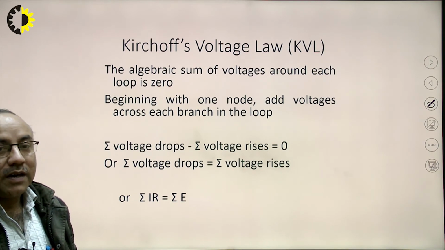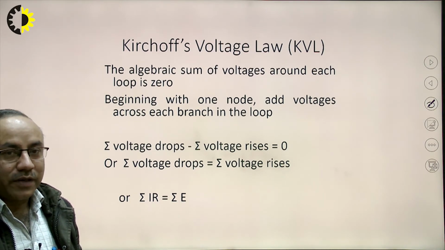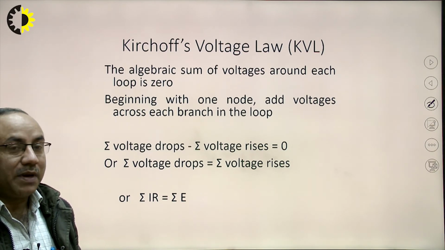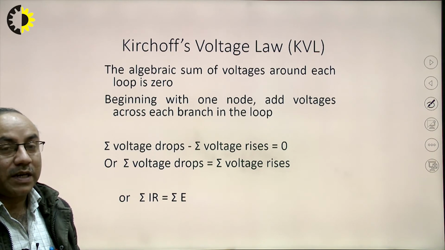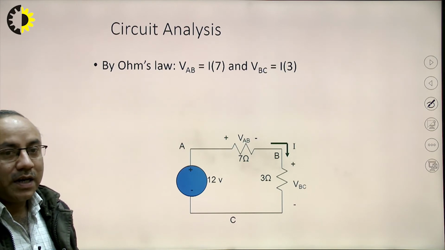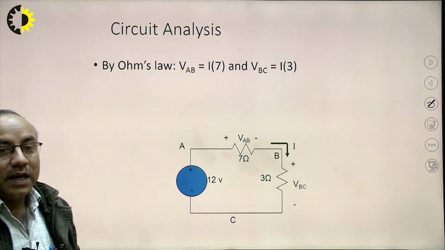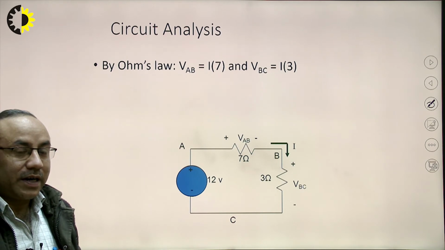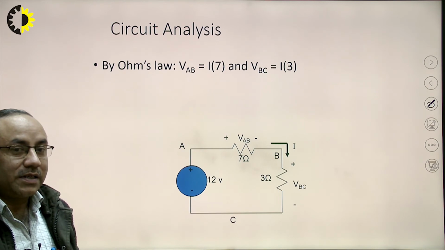So, in this way we can apply Kirchhoff's voltage law or KVL in a given circuit, and then we can find the unknown current or voltage in the circuit, but the condition is that it is applicable in a loop, that means in a closed path. So, if we take one circuit, for example, in this circuit we can see a voltage source of 12 volt connected, and with this source in a loop we are connecting two resistances, 7 ohm and 3 ohm, and they are connected in series.